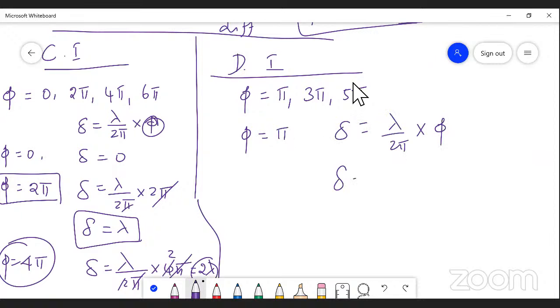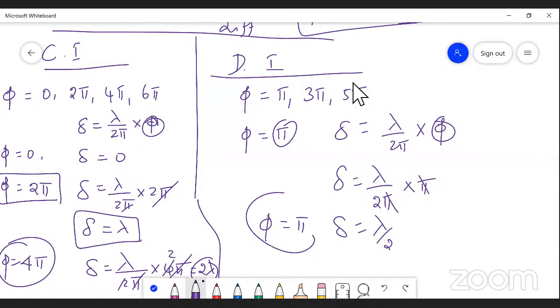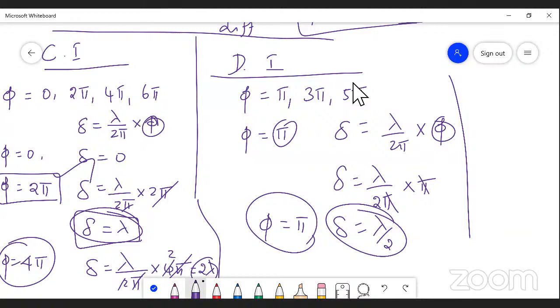Just substitute this, the pi cancel, so delta is equal to lambda by 2. If phase difference is pi, path difference is lambda by 2. If phase difference is 2 pi, path difference is lambda. These are the constructive and destructive interference conditions of path difference and phase difference.